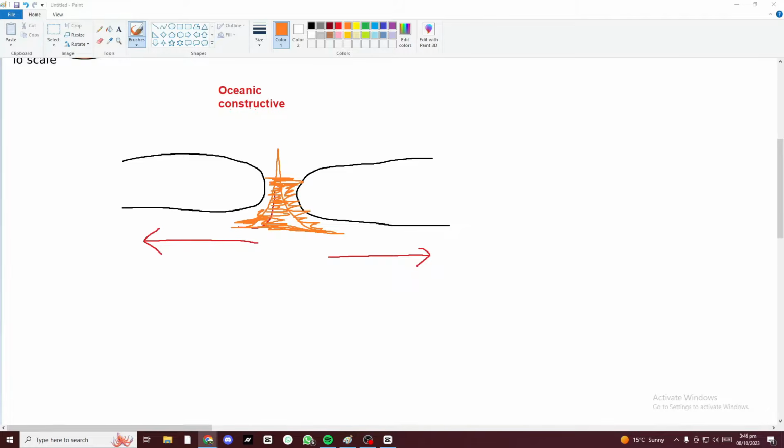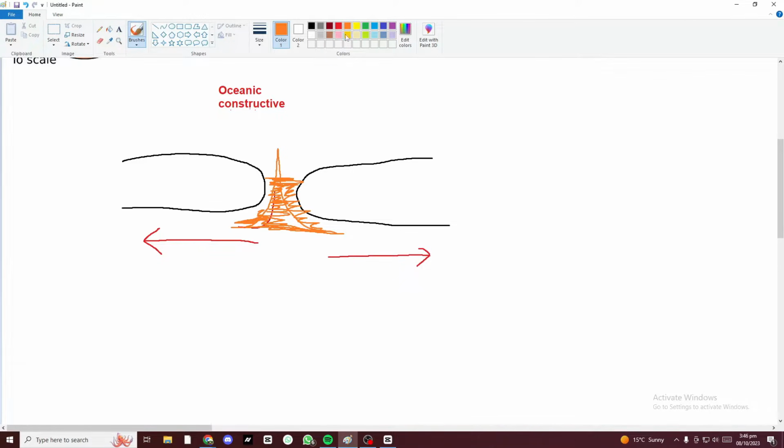So an example of this is the mid-Atlantic ridge, where two oceanic plates move away from each other. So there is a divergent plate boundary underwater, mid-ocean ridge, and these create underwater mountain ranges.